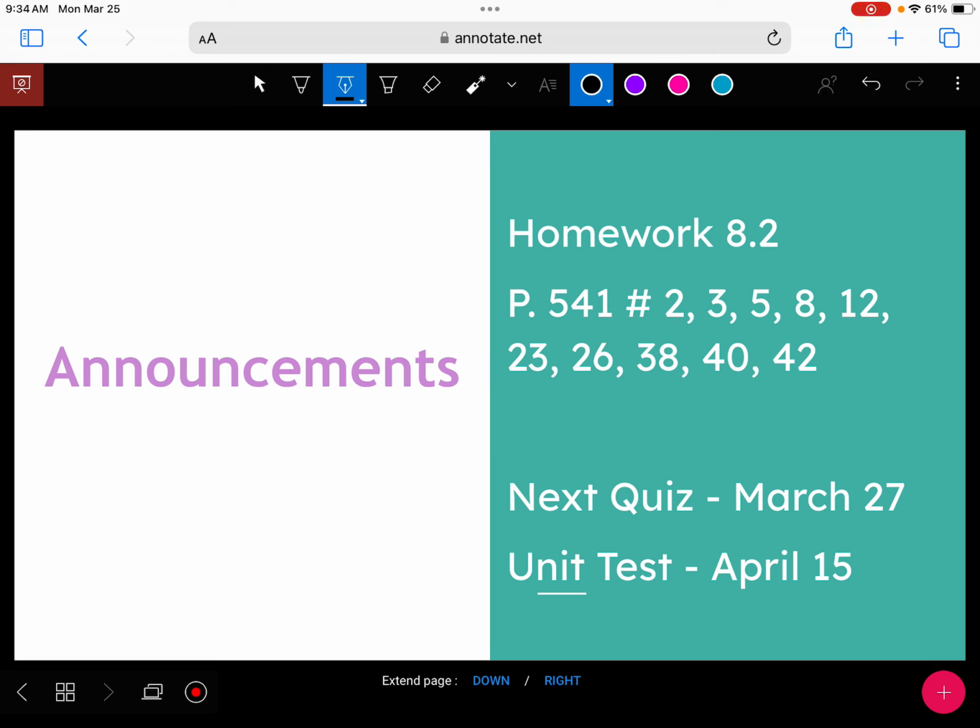Tomorrow we're going to start section 8.3, which is a lot of very new stuff. So tomorrow is going to be very righty. We're going to have a lot of definitions, so we're going to want to stretch out the hands tomorrow. We're going to have lots of writing.